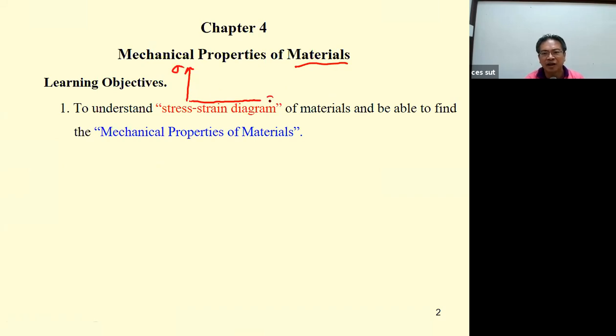the stress-strain diagram. This diagram is from the so-called tension test. In the tension test, we have the specimen, and that specimen is under an applied force.